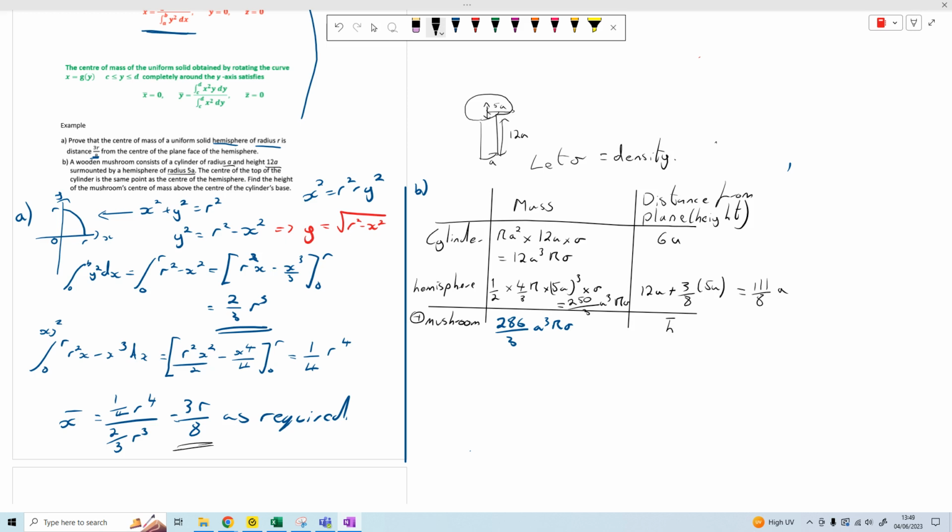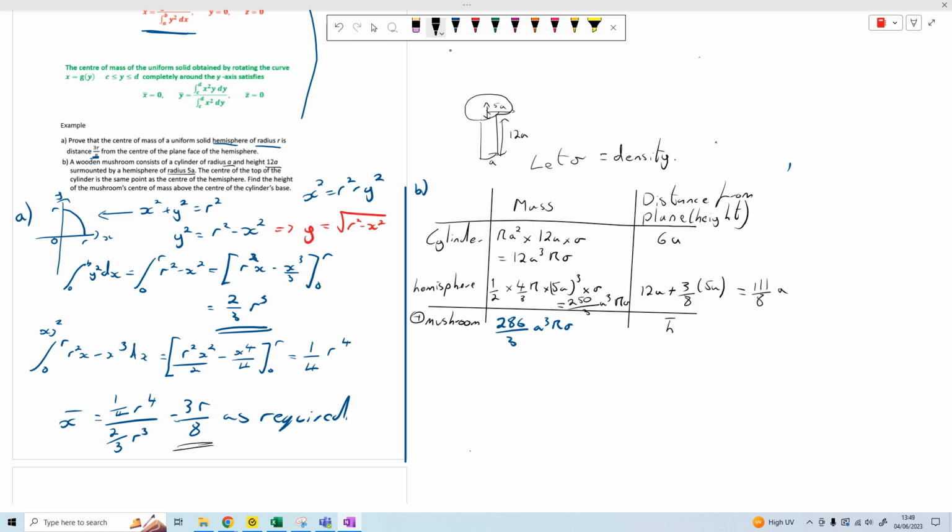Okay, now what I'm going to do with this one is very similar to what we did to the laminas in the previous section, where I'm going to think about taking moments, and my moments for my whole shape should equal my moments for each individual section. So my moments for my whole mushroom should equal the moments for the cylinder plus the moments for the hemisphere.